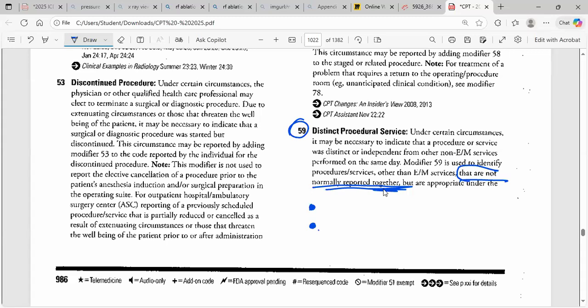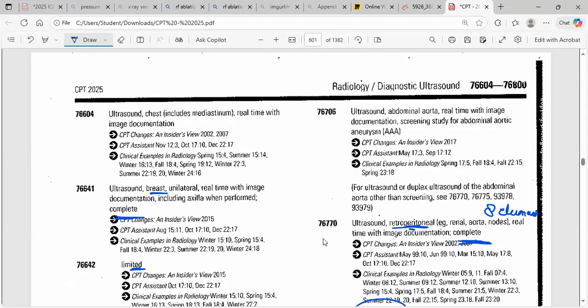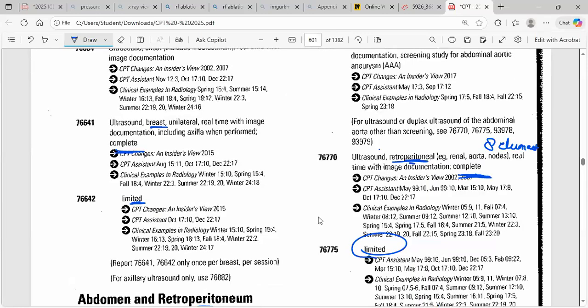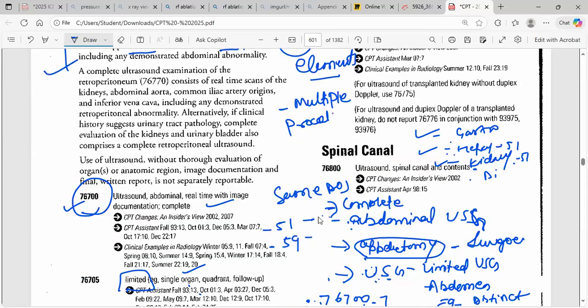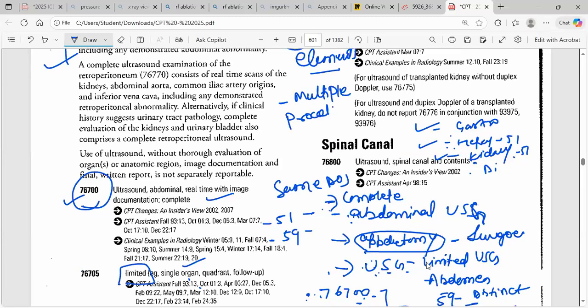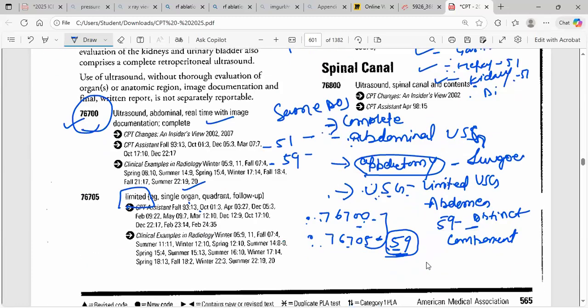Very good. So in the example which we were discussing, if the complete and the limited are performed in rare situations, to tell the insurance that we know we cannot bill these two services together, but that these two are distinct procedures, the doctor did this procedure twice for different medical necessities, so we are going to bill this with the modifier 59.